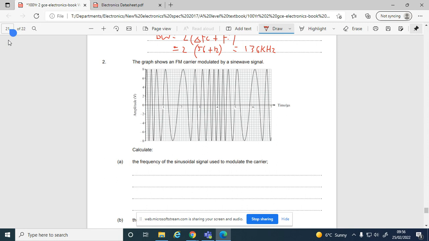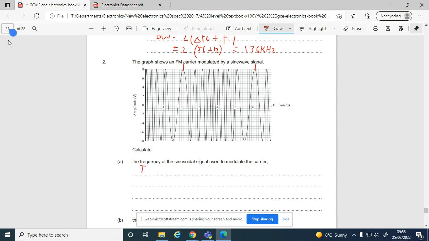Right, next one. This is the one where, if you remember, we did this in class. You have to look for one cycle. To calculate the frequency of the sine wave used to modulate the carrier, that frequency is the lower one. So we look for one cycle. We take a decent point, from there to there, which is 4 microseconds.